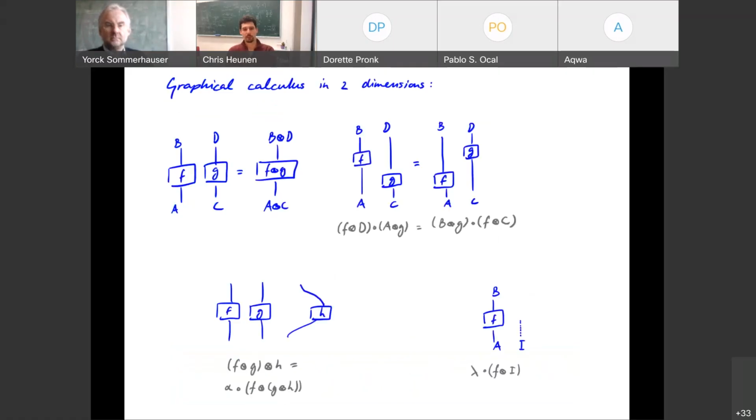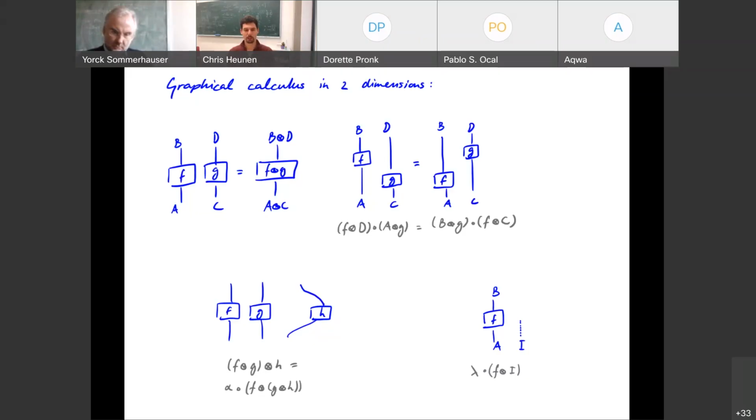And as promised, these things come with a graphical calculus too, and now this graphical calculus has 2 dimensions. So we already had that we can have these boxes and stack them on top of each other. That's the first dimension, a dimension of time, if you like, doing one thing after the other. If you have this monoidal product around, this tensor product, you can also put things side by side, put them in space together to do one thing while doing the other thing.